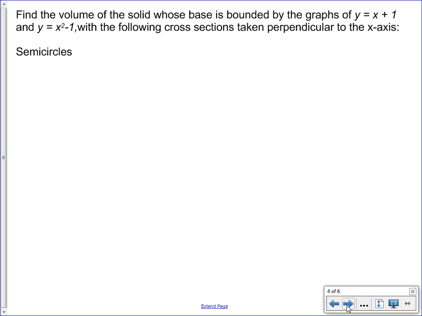Okay, same region. Now our cross sections are semicircles.